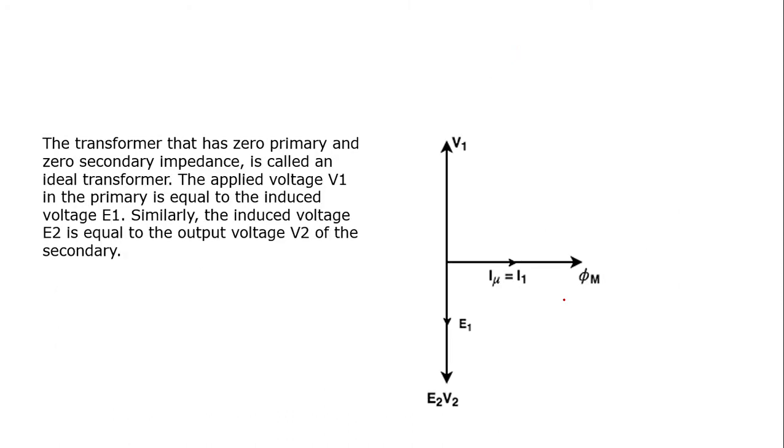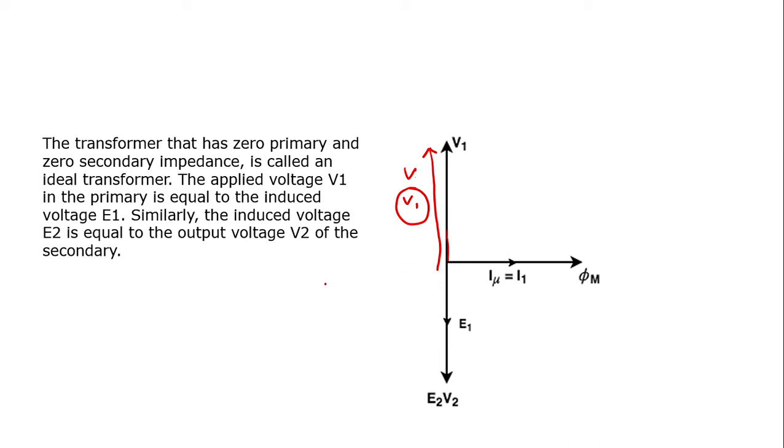Now, let's talk about the phasor diagram of this. Let's represent this phasor V1, which is the supply voltage phasor, right? Now, this V1 is going to an inductor, right?